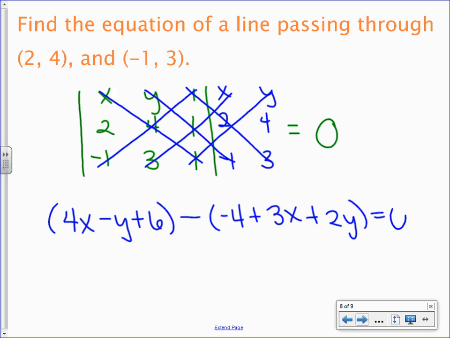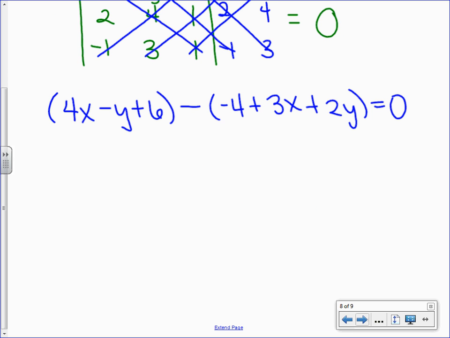And we know that has to equal 0. The equation of a line is what we're going for here.